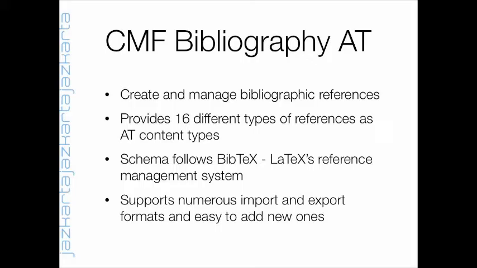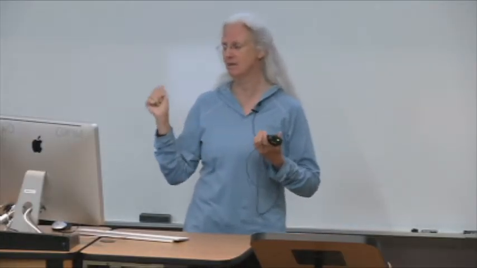It provides 16 different types of references as Archetypes content types, things like article, in proceedings, book, web reference, PhD thesis, with all the metadata, separate fields that anyone who has ever written an academic paper and been forced to learn how to properly cite a bibliographic reference would find totally familiar. You fill out the number and the page and the volume and all that stuff.